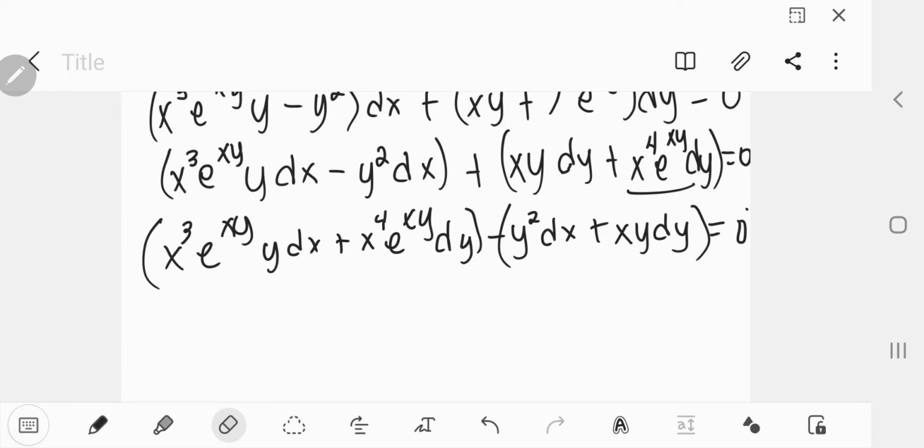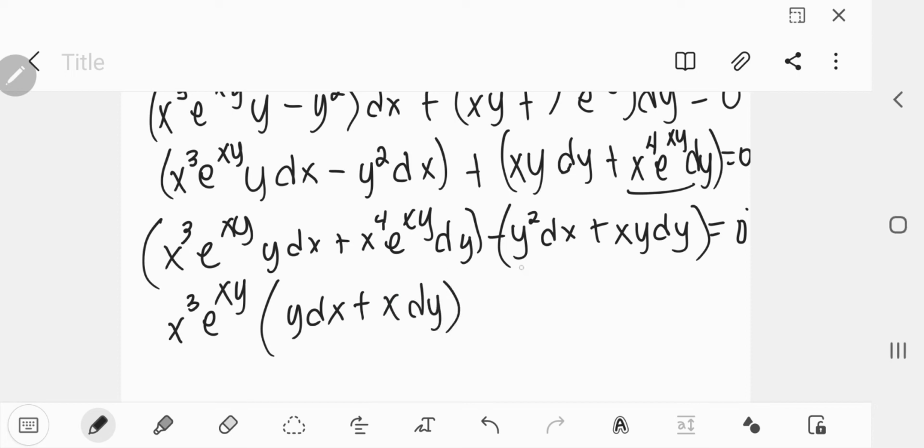And now let us factor it in order for us to get the integrable combination. So let us have x cubed times e raised to the xy times (y dx plus x dy). And now let us factor it also. So we have plus y times (negative y dx plus x dy) is equal to 0.